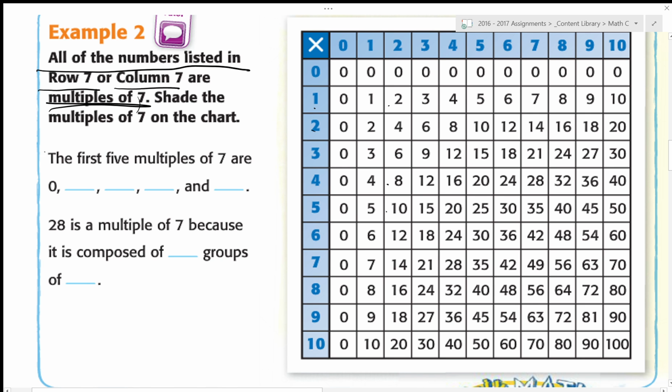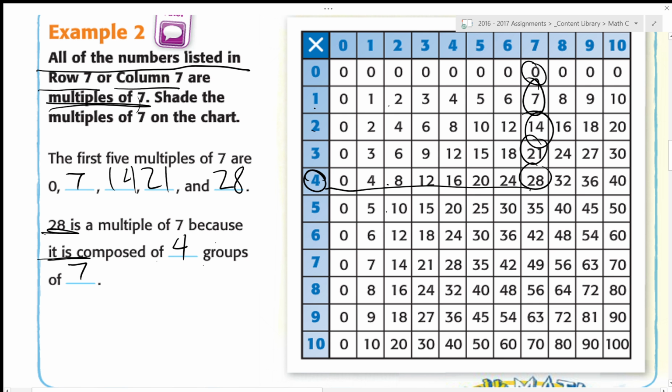Okay, so the first 5 multiples of 7 are 0, 7, 14, 21, and 28. 28 is a multiple of 7 because if we go across and look right here, 4 groups of 7. So 28 is a multiple of 7 because it is composed of 4 groups of 7. It's also a multiple, well, let's just leave it with that.